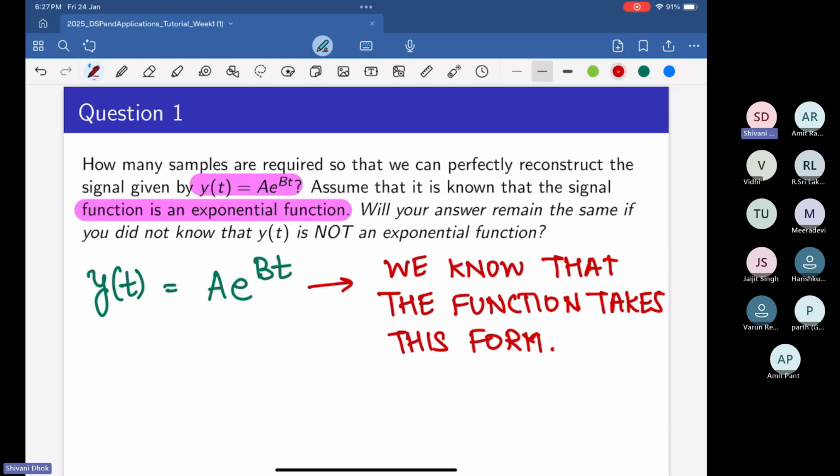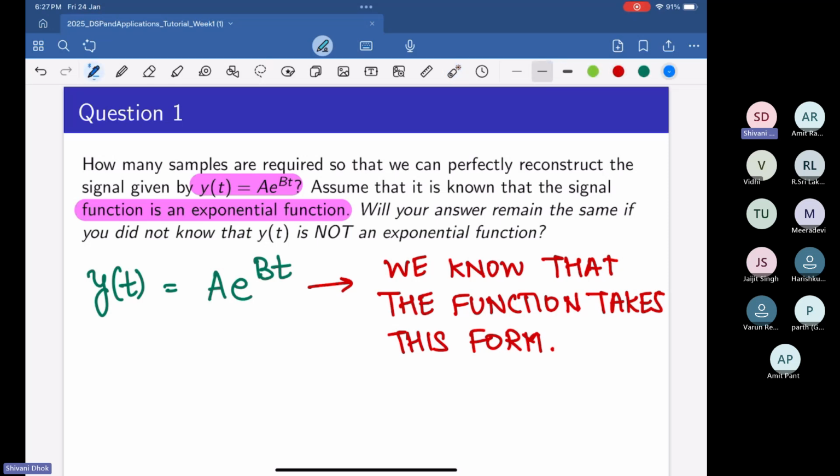And what we need to do is we want to know how many samples are required to perfectly reconstruct this particular signal. Now, since we know that this function takes this particular form, it is enough to know the value of a and b. If I know the value of a and b, I will be able to substitute the value of t and then come up with the value of y of t for any given t.